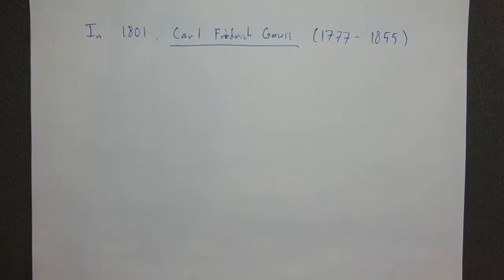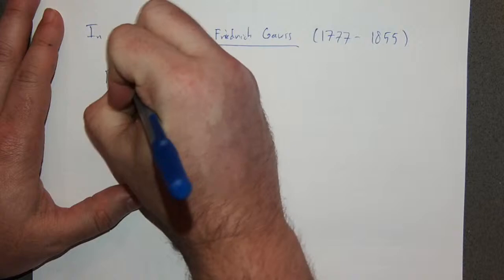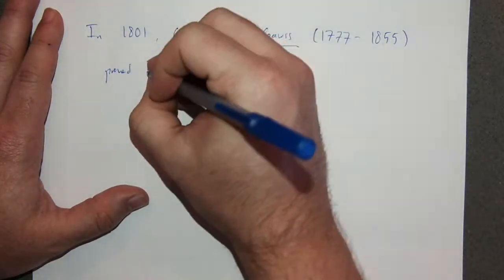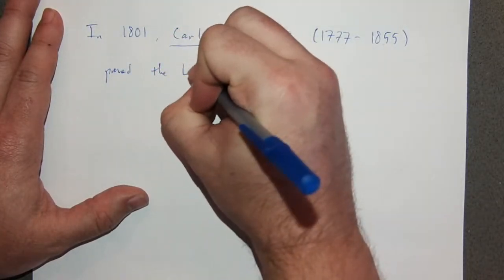In 1801, Carl Friedrich Gauss proved that theorem that I wrote on the previous page, which is the law of quadratic reciprocity.